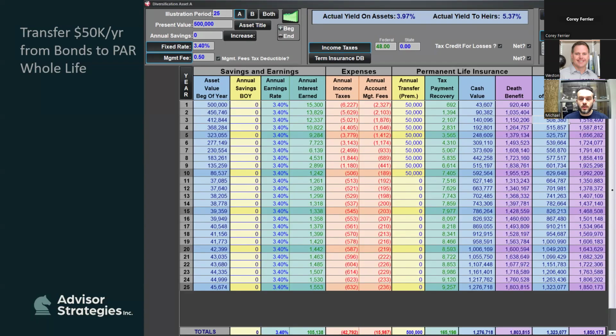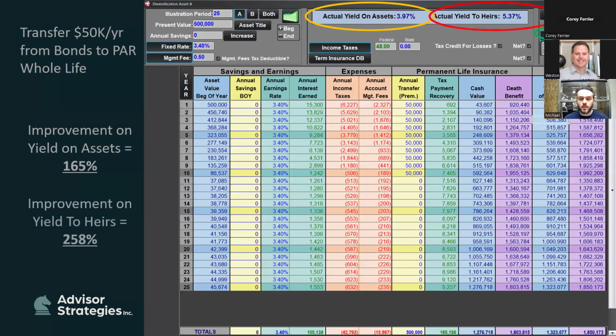This way, we're using pretty much the whole bond fund, transferring it over time into the life insurance policy. So in doing that, what are the returns we're seeing? The yield on the investment is now almost at 4%, a 165% improvement from 1.5 if you just kept the bonds as they were.